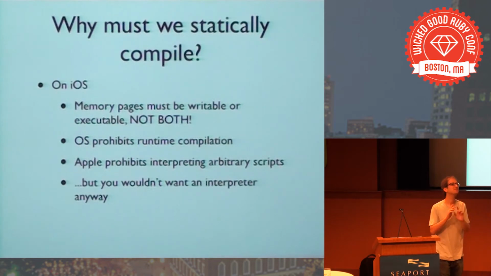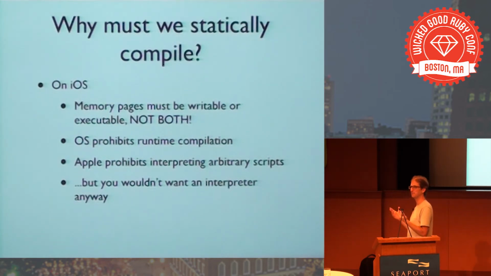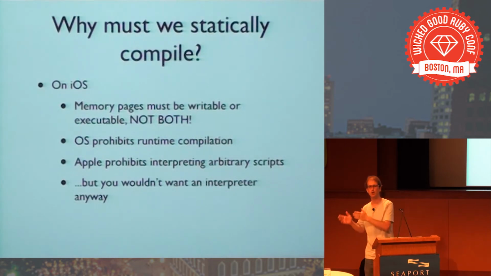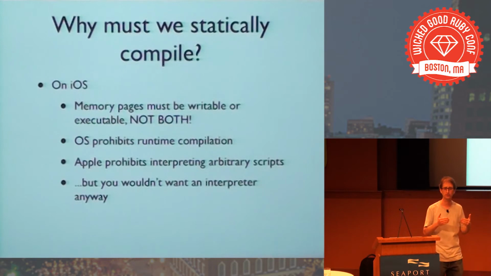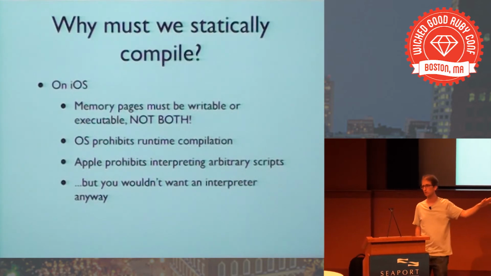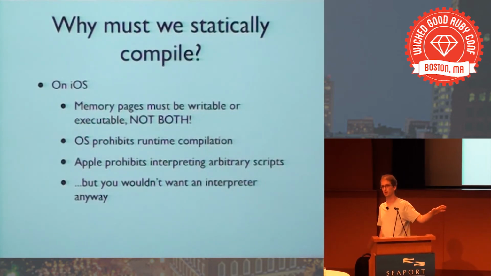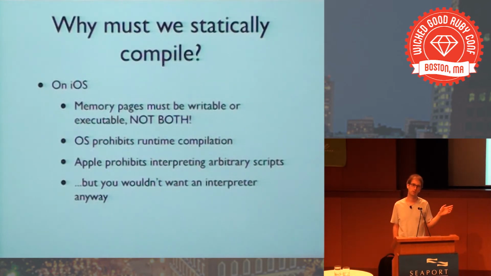Now, if you're astute, you might say, well, Josh, that doesn't matter. We don't need to actually write the code into memory, right? We could just, as the file is being parsed, fire off function calls using an interpreter. You could, but Apple won't let you.